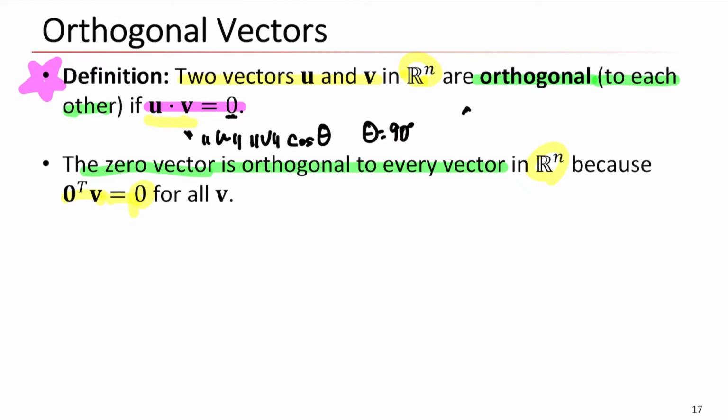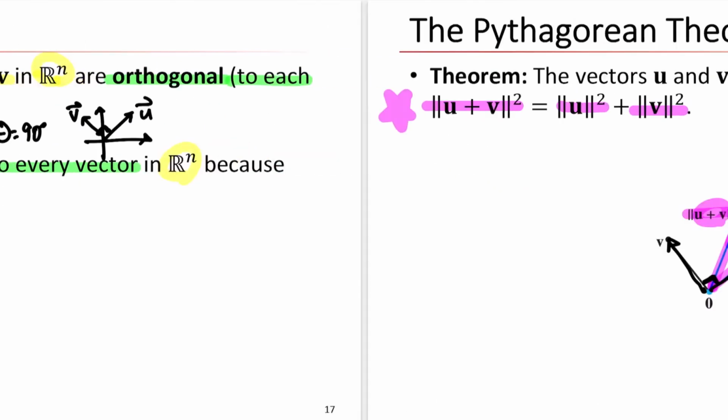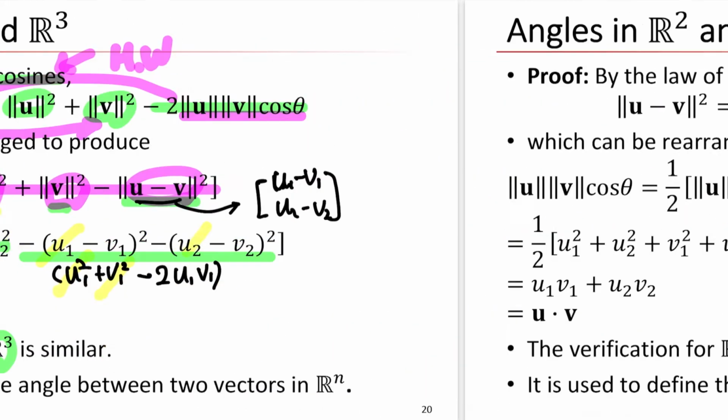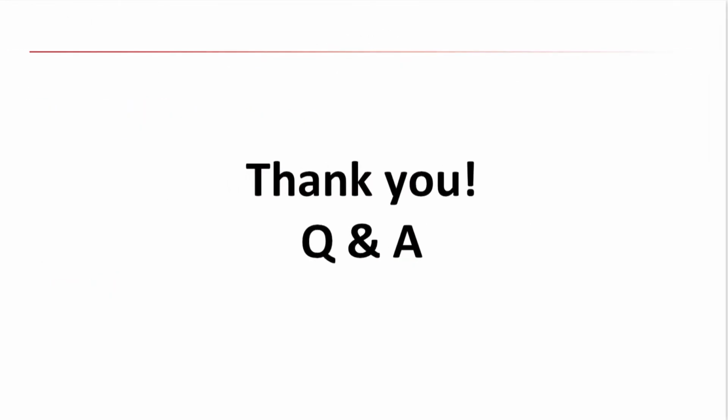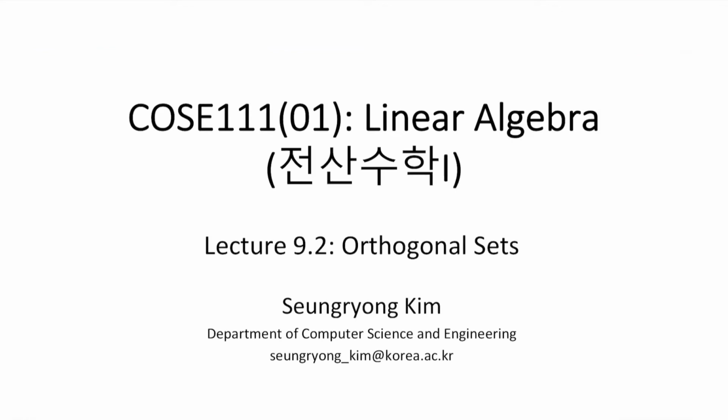It means that u and v are perpendicular, so this case is called orthogonal, right? These two vectors are called orthogonal, okay? So that was the last lecture. Today we're going to introduce the orthogonal set.